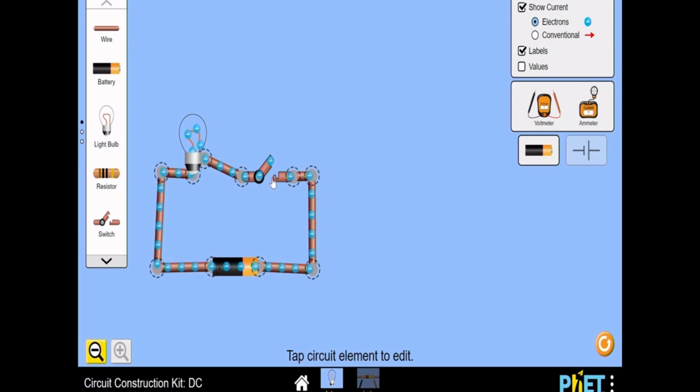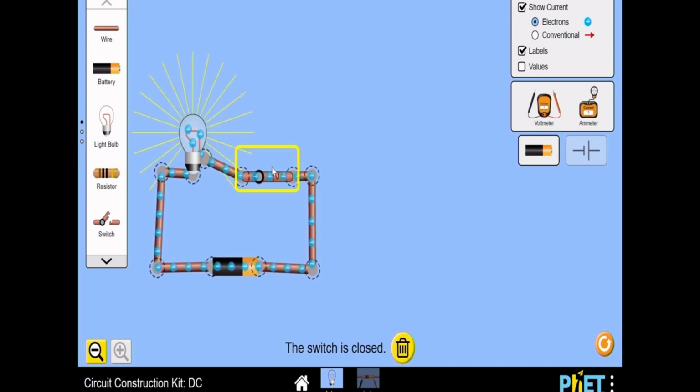Children, can you answer what may happen here? Yes, you are right. As soon as we close the switch, the whole path for the electric current is closed. That means as soon as we close the switch, the electric current starts flowing.